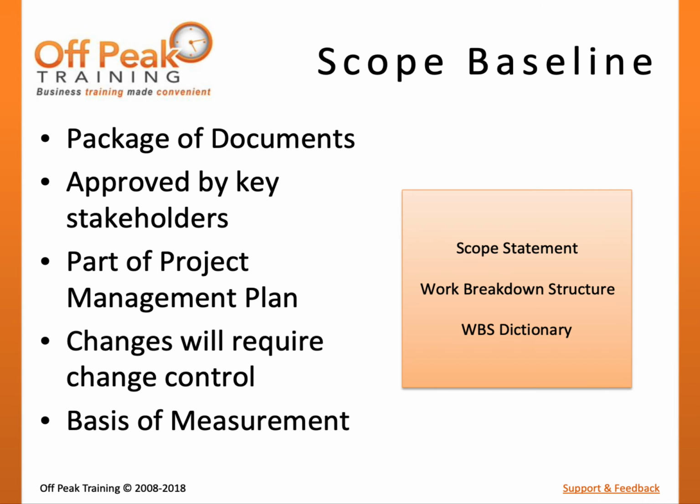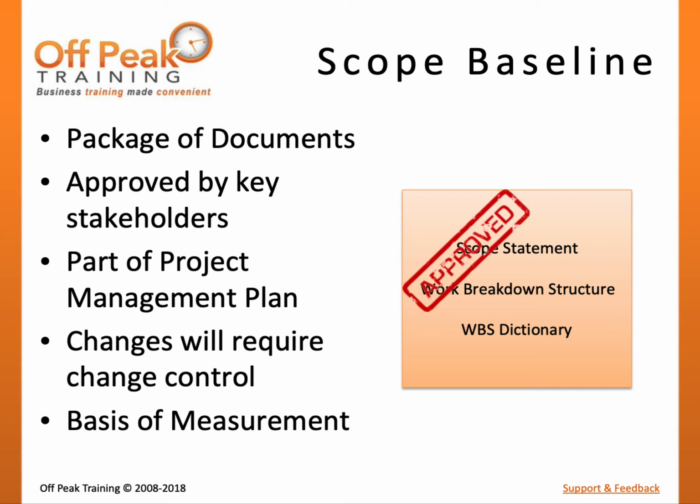Once these three documents have been brought together, there is one final step that must take place before we officially have a scope baseline. Since all further project planning and execution will be based on project scope, that final step is obtaining consensus and approval from key project stakeholders.